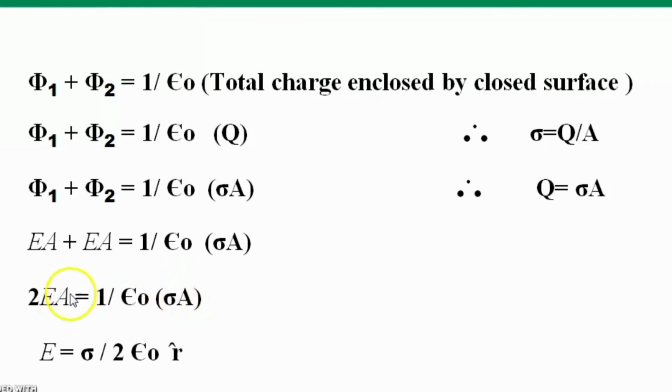The areas will be cancelled. So it will become intensity E is equal to sigma upon 2 epsilon naught times r cap, where r cap represents the unit vector which represents the direction of the intensity.